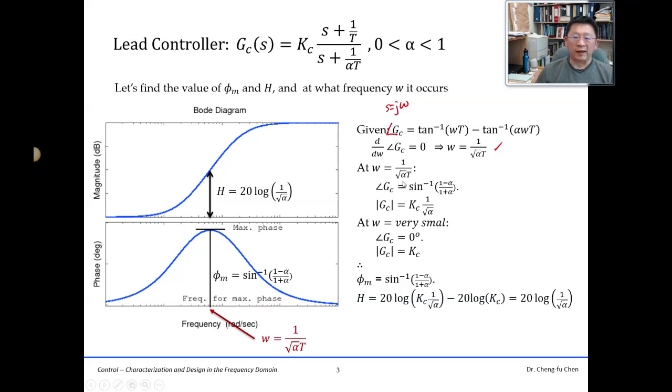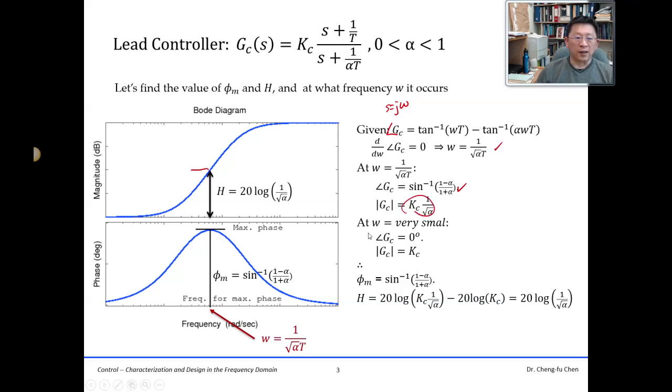After a few steps, it is this number. At this point, we also calculate the magnitude, which is given by this number.